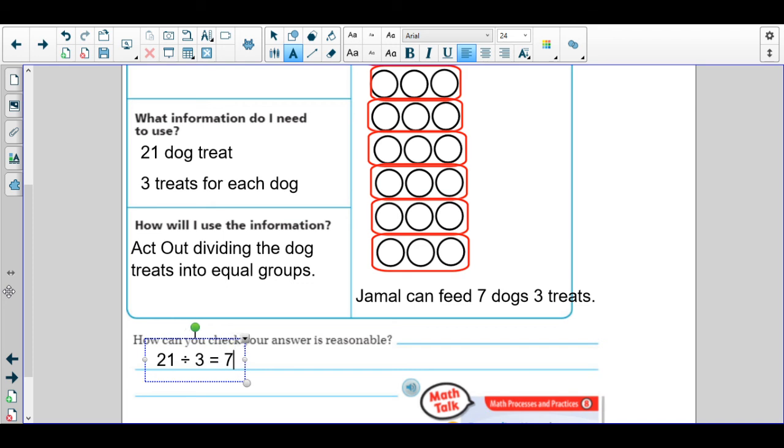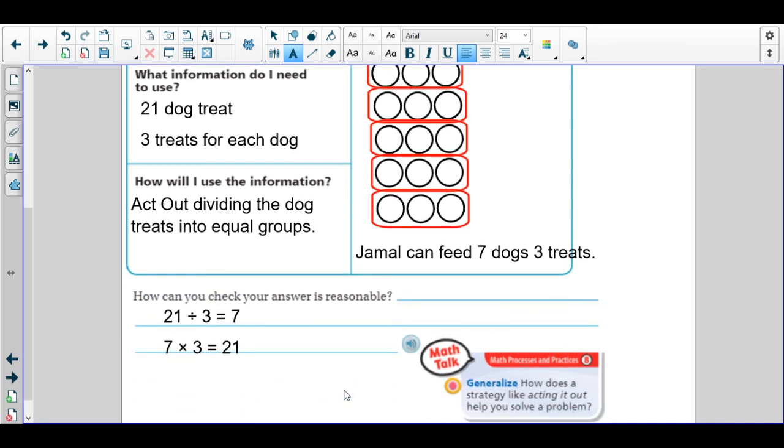On the other hand, to check that, if 7 dogs get 3 treats, how many treats would I need to get? 21. And that is a fact family. So you can use multiplication to check to make sure that your division is correct.